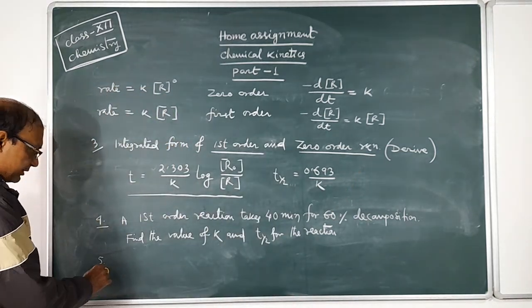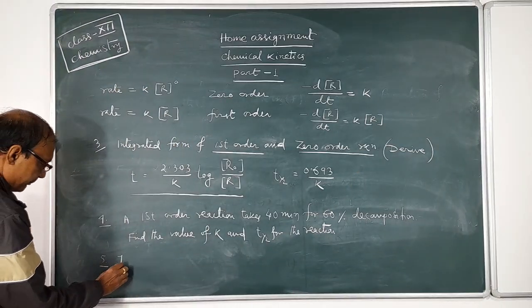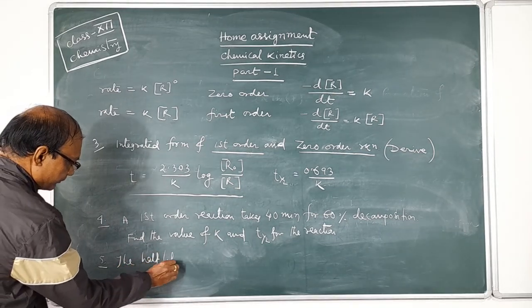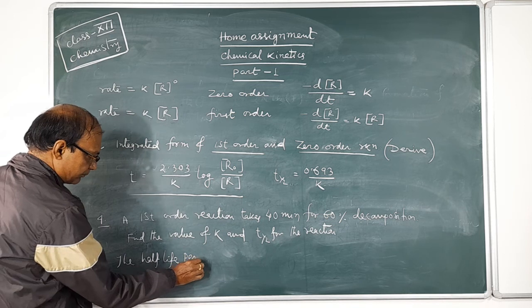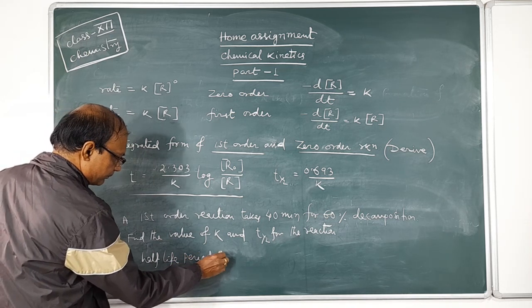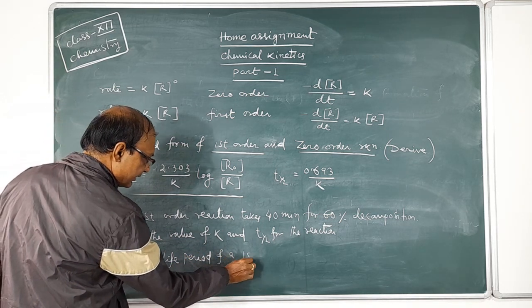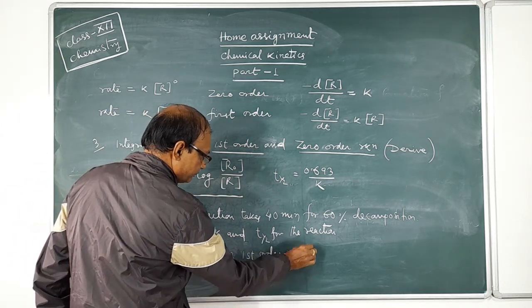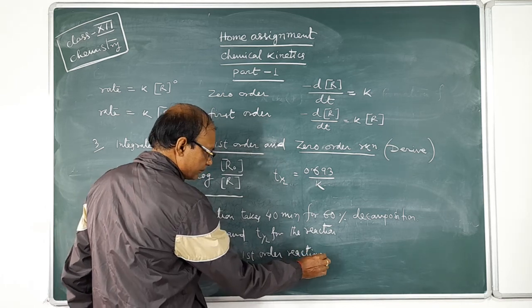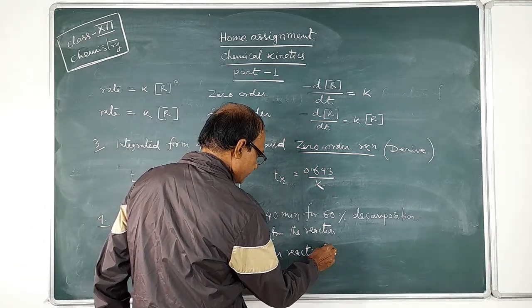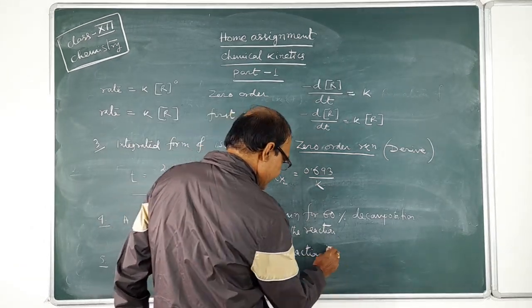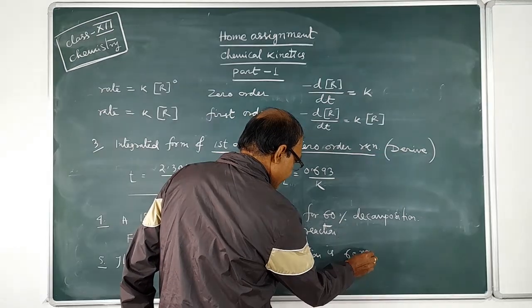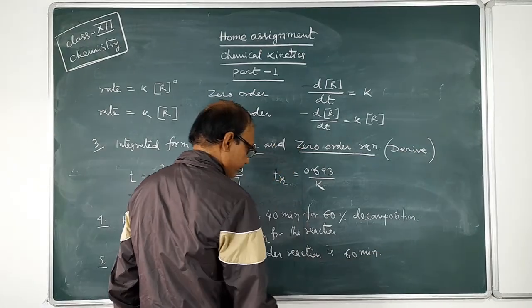Now question number 5: the half life period of a first order reaction is 60 minutes.